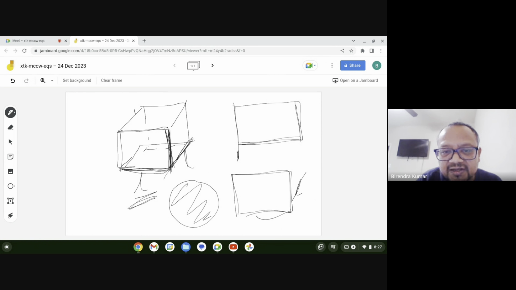If you call it L, and the height is also the same as this side, this is called a cube. Or in simple terms, a cube is a three-dimensional shape where the length, width, and height are the same. Clear?